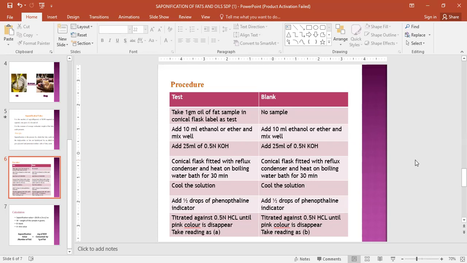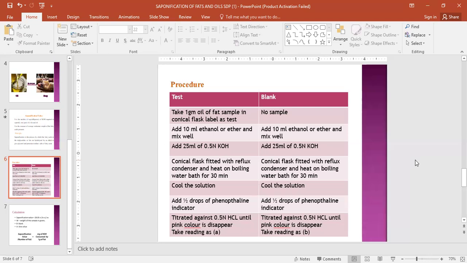So what does small a mean? Small a is the ml of 0.5 normal HCl required to neutralize the excess of 0.5 normal KOH which is present in the test sample.